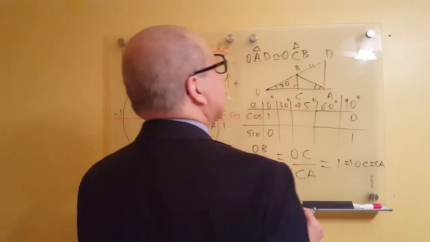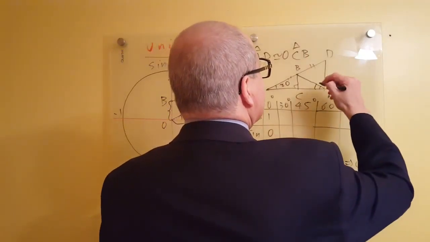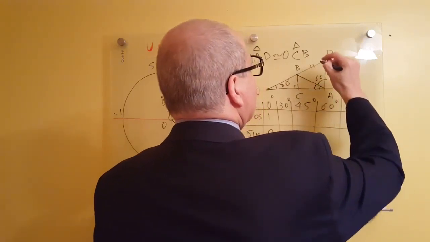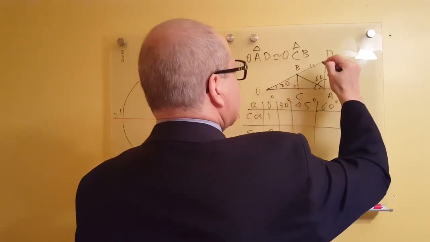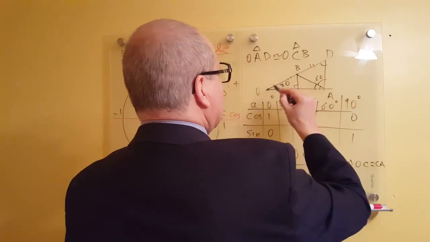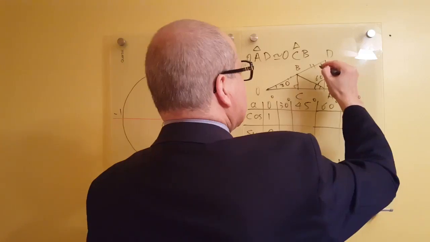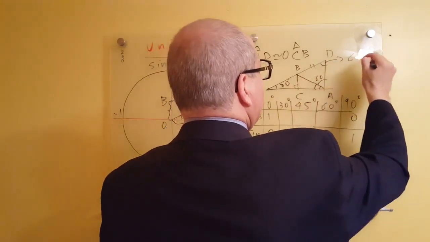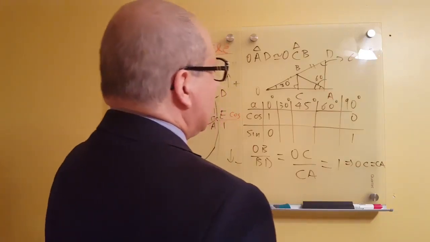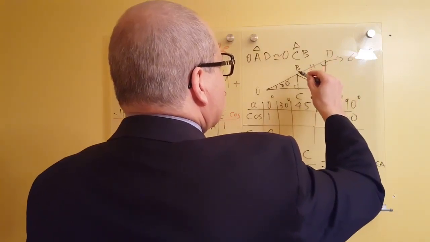So that means that this here is 60, and of course we know that this is 60 because the triangle ODA was a right triangle and this is 30, so that means that this is 60. So also this triangle here is isosceles.